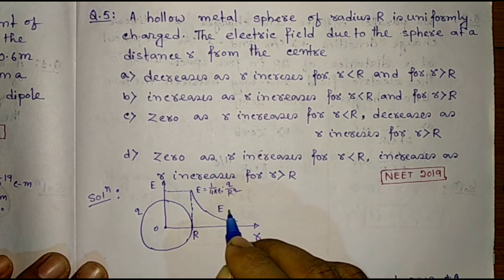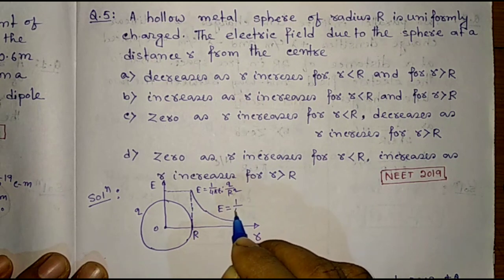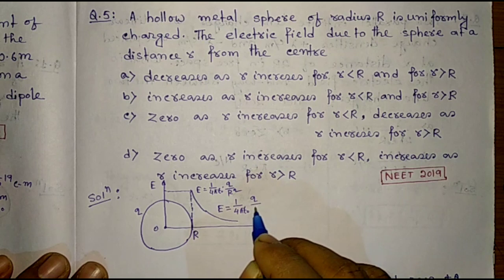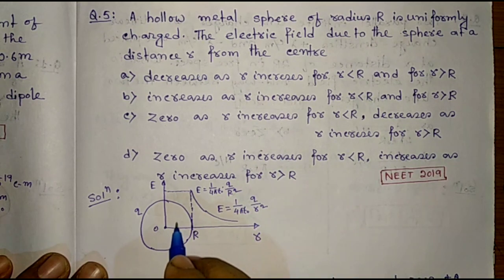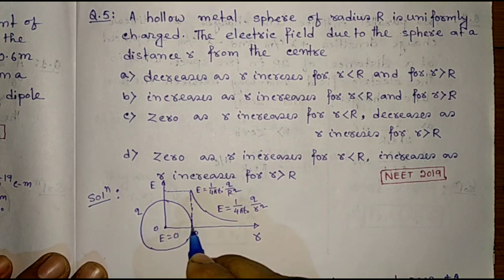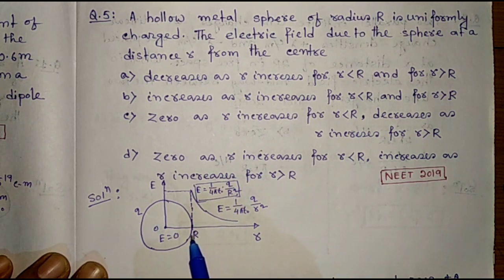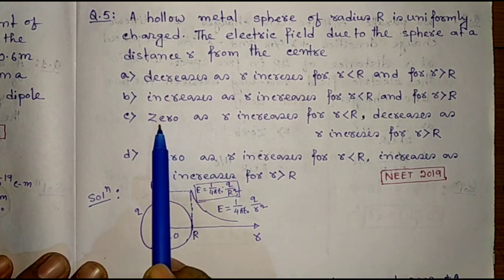E is equals to 1 by 4 pi epsilon naught Q by r square, and inside the sphere E is always 0. At the surface its value is E is equals to 1 by 4 pi epsilon naught Q by capital R square, which is the radius of the sphere, and at an outside point at distance r it varies as 1 by 4 pi epsilon naught Q by r square. So option C is the right answer.